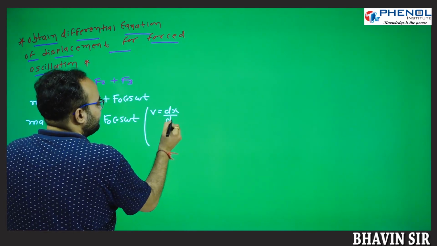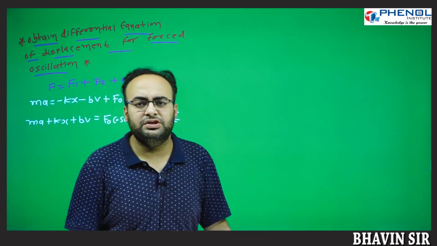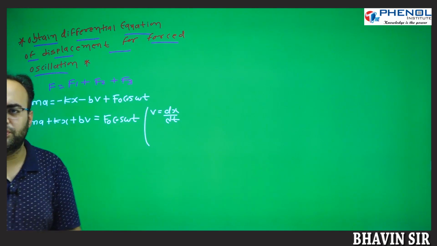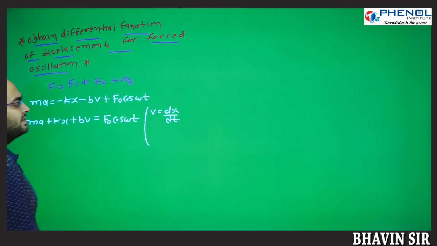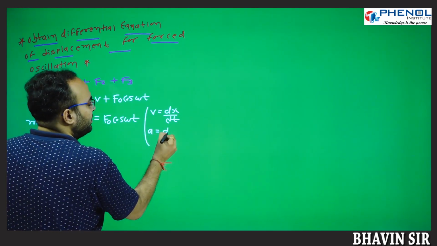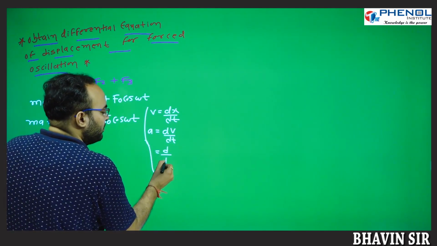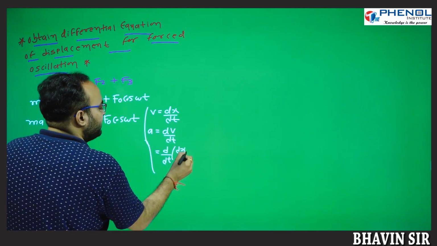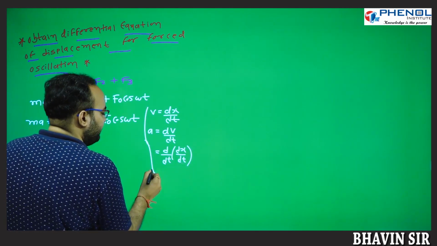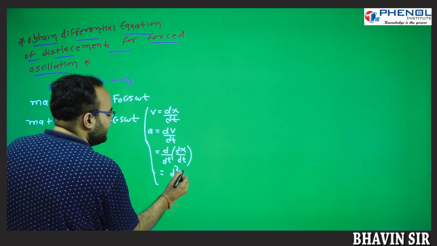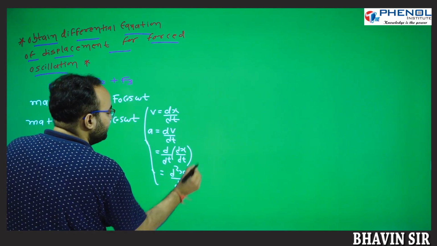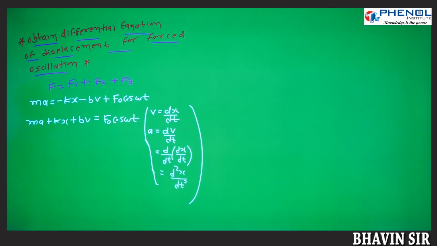Now what is the velocity? It is dx by dt, the differentiation of displacement with respect to time. What is the acceleration? dv by dt, which is d square x by dt square.